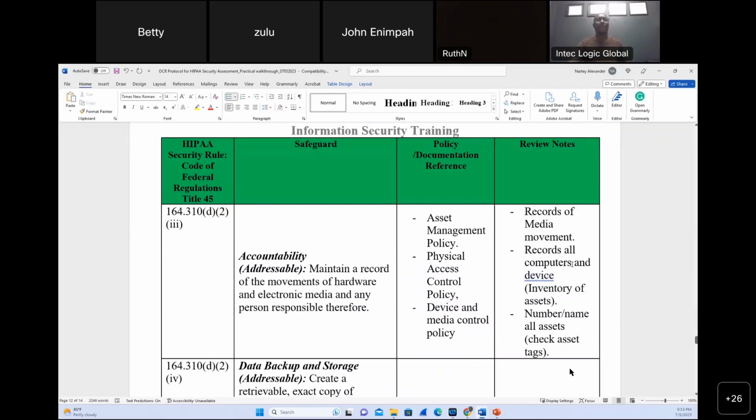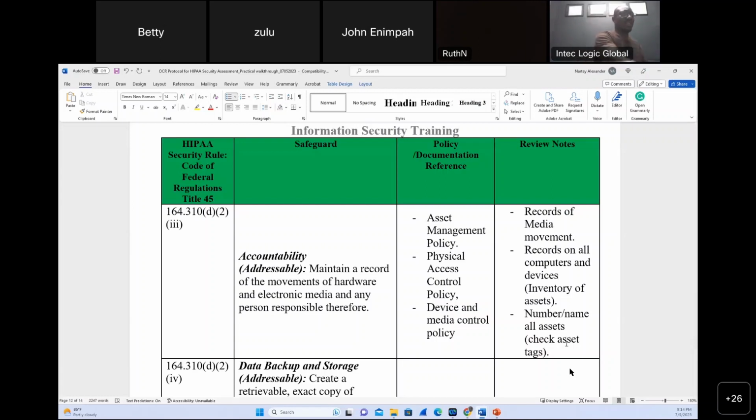Good. So keep records on all computers and devices, right? It's very, very important. You must keep an asset inventory. Number and name all assets, right? And when you go on site and you are doing an assessment, check the tag. You can see a tag on my computer.